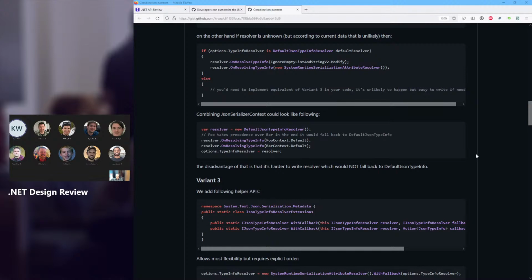Perhaps the serialization context pushes us toward variant 3, because that makes it clearer what order things will happen in. With variant 2, the order is clear, but at the same time it forces us to always fall back to the reflection logic, which with the serialization context might not be the case for the IoT scenarios.